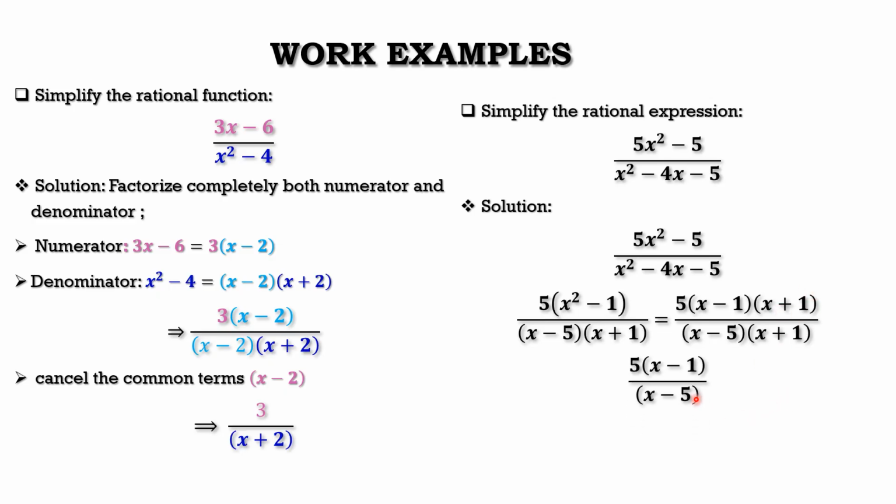Then we are left with an expression 5 multiplying x minus 1 divided by x minus 5. So our final answer will be 5x minus 5 divided by x minus 5. This is how this rational function has been simplified.